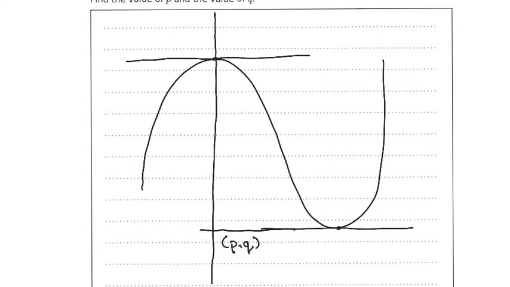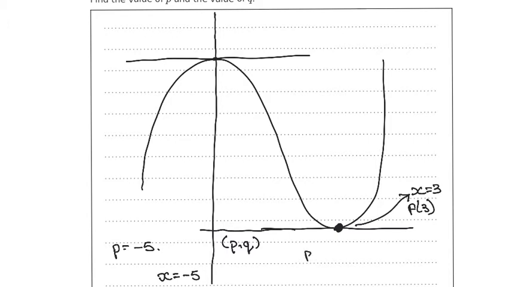Well, we know what the equation of the normal is. It's the line x equals minus 5. So this is the line x equals minus 5. Therefore, P is equal to minus 5. Now we have to find Q. Well, we know that this is the point x equals 3. So we need to find f of 3.